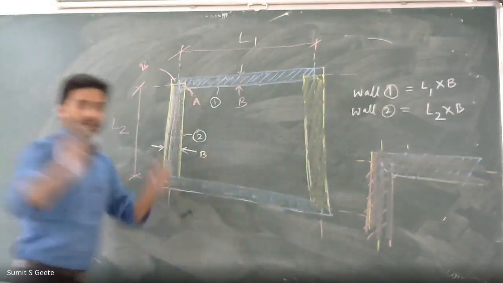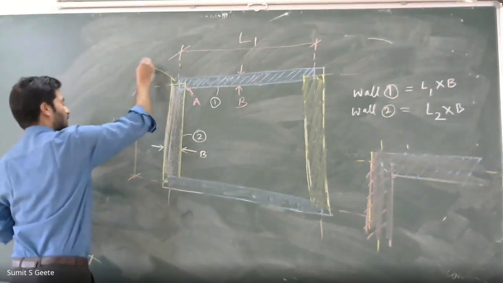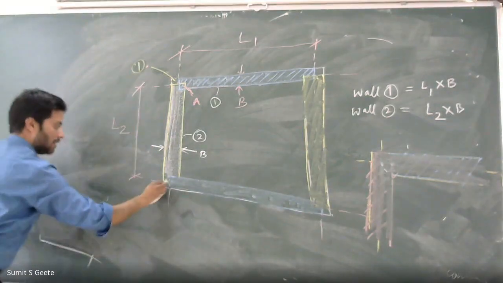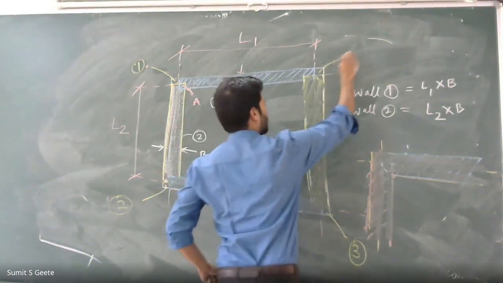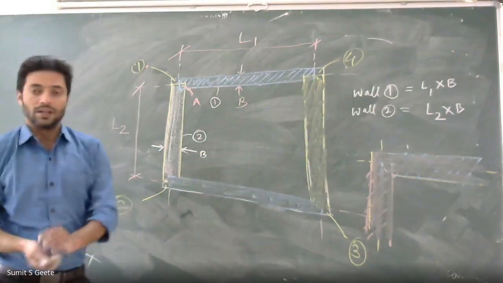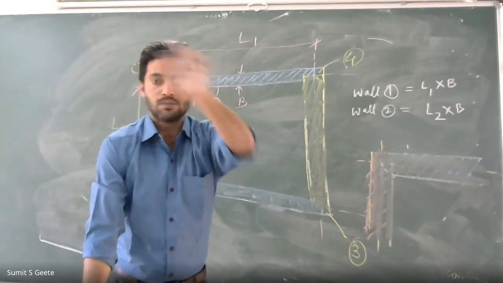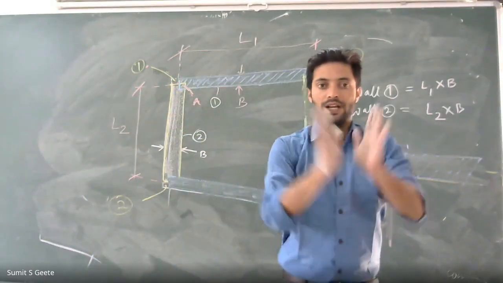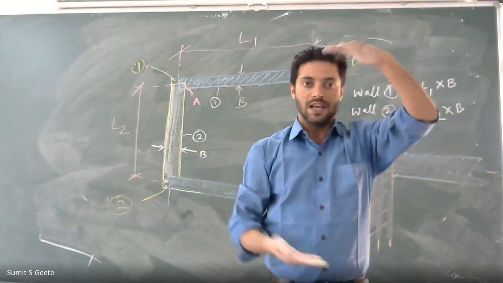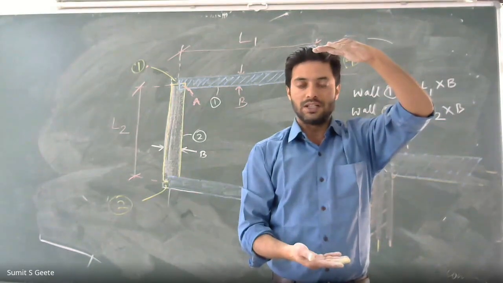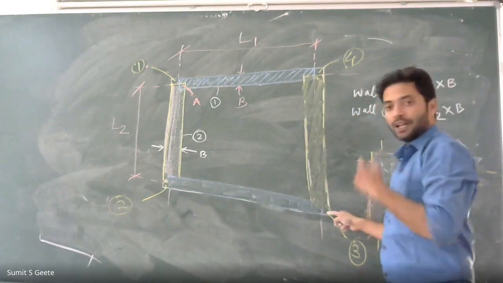Now in this complete figure, these four corners, corner number 1, corner number 2, corner number 3, and corner number 4, are not considered in your hatch portion. It is okay. Why are they not considered? Because we are considering center to center distance. Again, in the y direction wall, we are considering center to center. So these corner portions are not considered in the hatch portion.